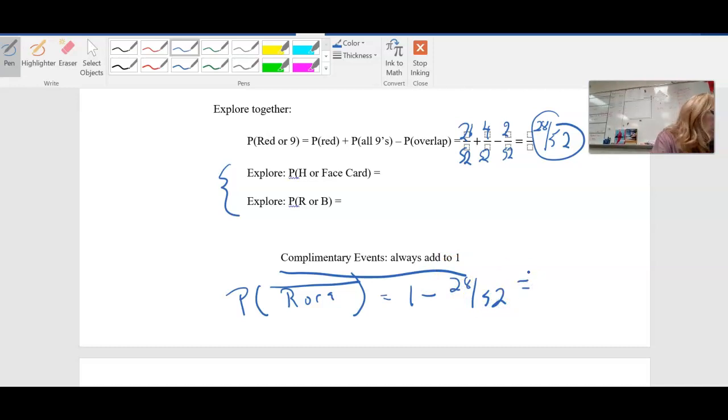And that equals 24 out of 52, which is a 46% chance.